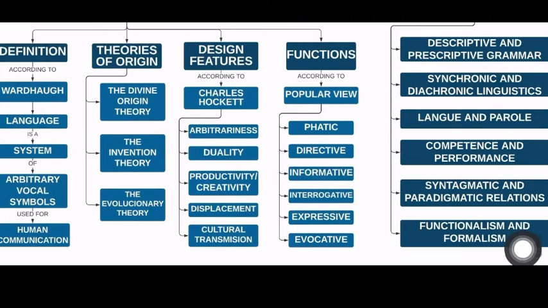Directive function. Language is used to get the hearer to do something. 3. Informative function. Language is used to tell the facts, to give information about something, to describe the material world, or to reason things out.